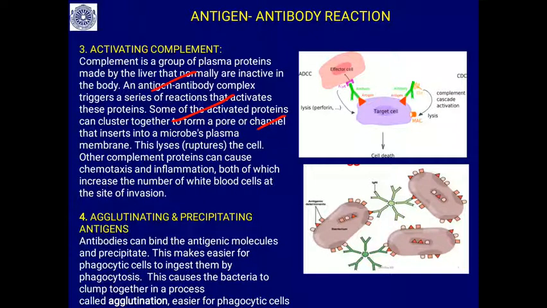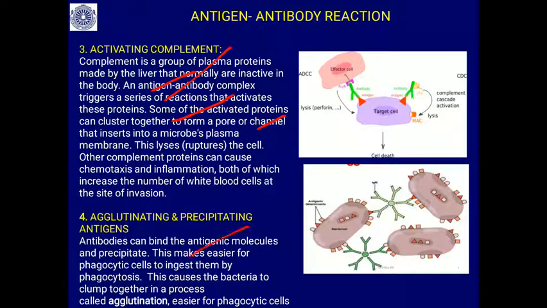They make a hole, a channel, that inserts into the microbe's plasma membrane and brings about the lysis or rupture of the microbial cell. The complement proteins can also cause chemotaxis, inflammation and other reactions. You can see this by activating the complement system.